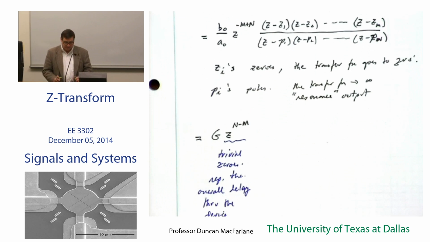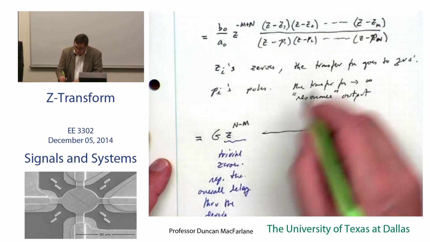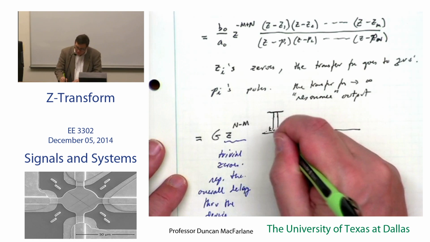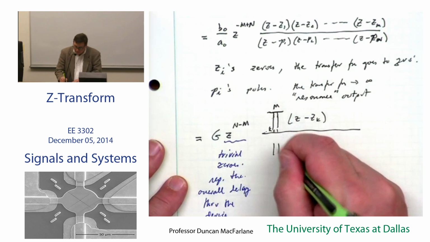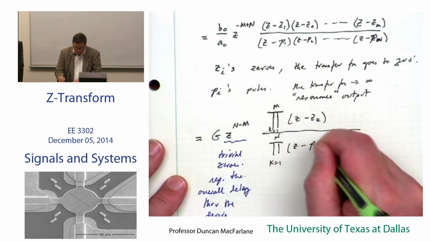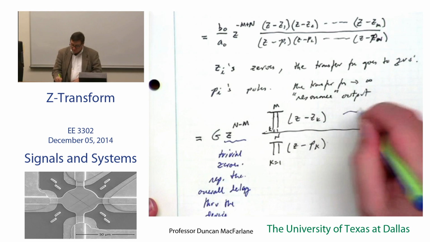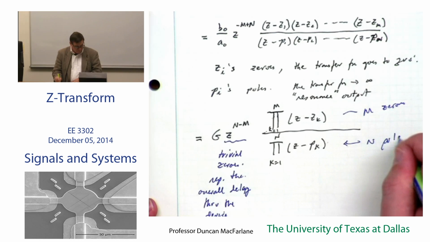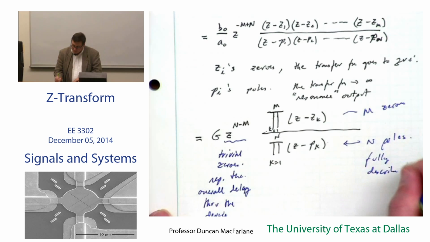And then I will rewrite this product using the product symbol: K equals 1 to M of Z minus CK, and again a product symbol, K equals 1 to N of Z minus PKs. So M zeros, N poles, and these fully describe the filter.